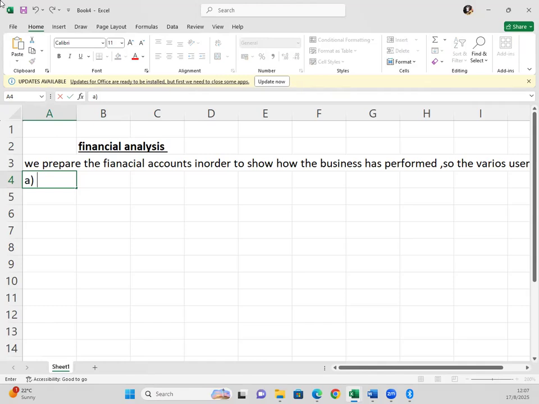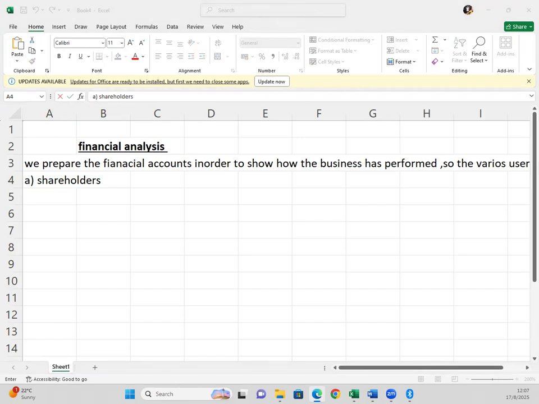Okay, so I was saying, we prepare these financial statements for the sake of the various users. And I was now explaining one of the users, which is the shareholders. The shareholders of a company invest their money in the company, but they don't run the company.